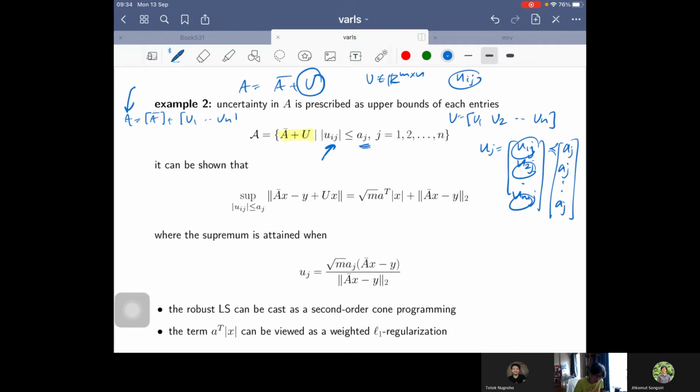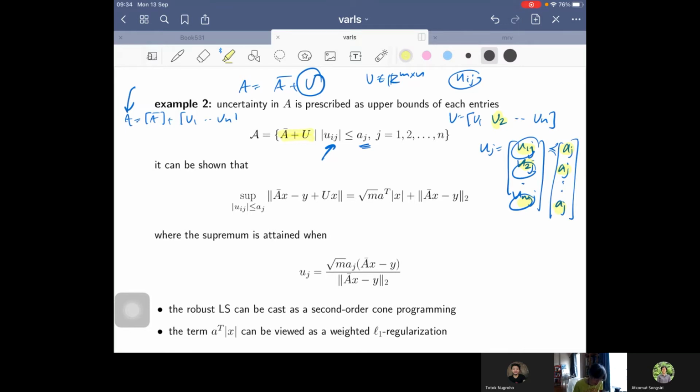So when you have the constraint that all the entries in a certain column of U have a magnitude of less than a_j, a scalar, it means that you allow the sensor of one physical variable to have a certain value of variation.